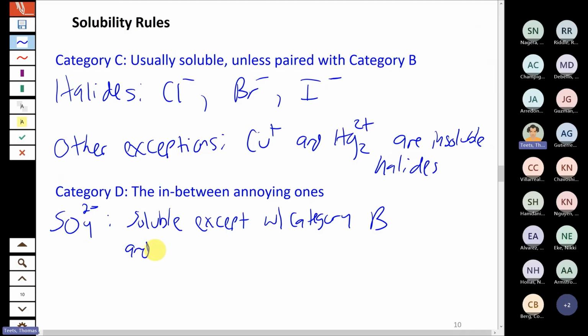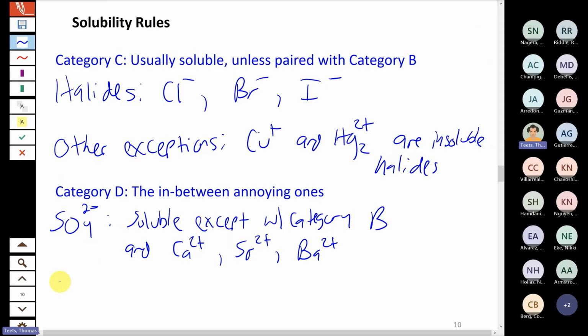Now, it turns out one thing that's nice about these two in-between and annoying ones is that the exceptions are the same for both. They just work in opposite directions. So for sulfate, it's usually soluble, except for category B and except for the last three alkaline earth ions: calcium, strontium, and barium. So that's the second column of the periodic table towards the bottom. Those cations paired with sulfate are insoluble, even though most sulfates are soluble.